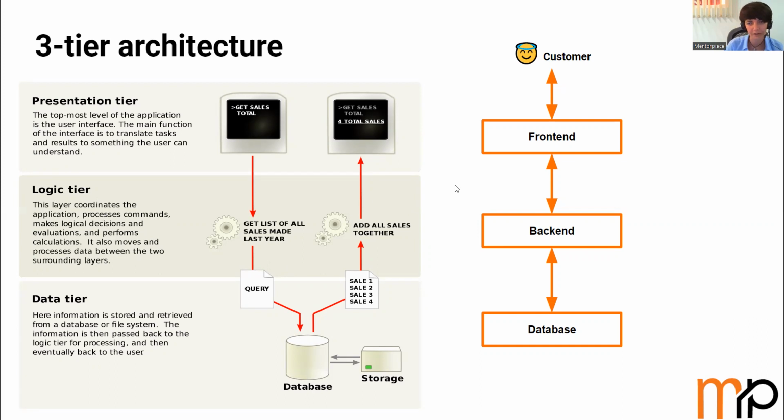We can call it business logic, or backend. Typically, this is the same, not in all cases, but never mind for now. So let it be the same for now. And the data tier with some database or databases.